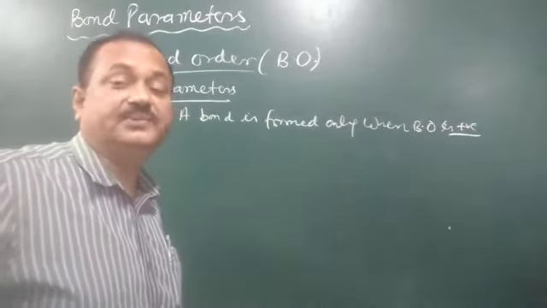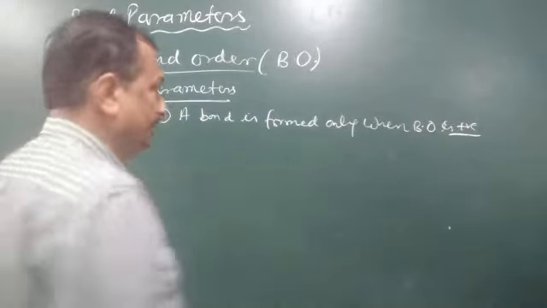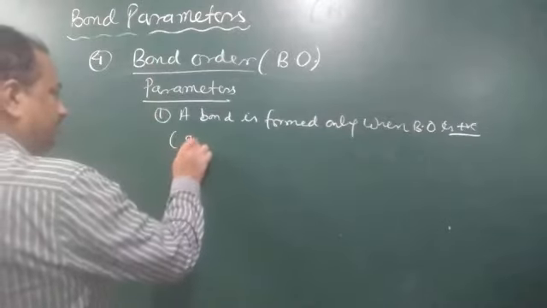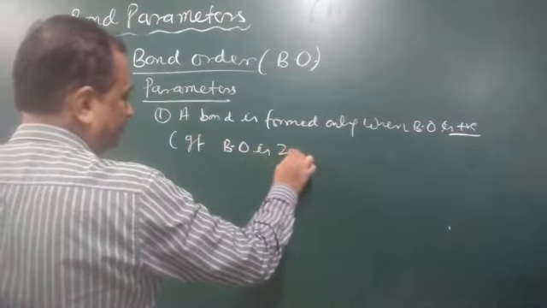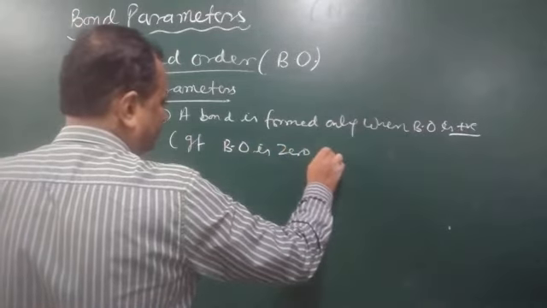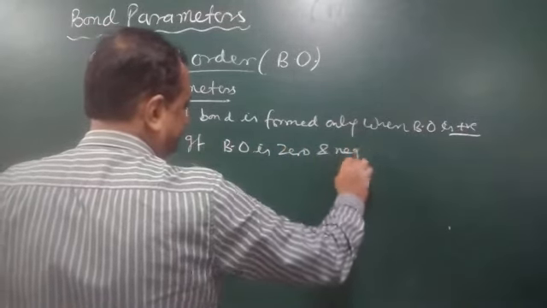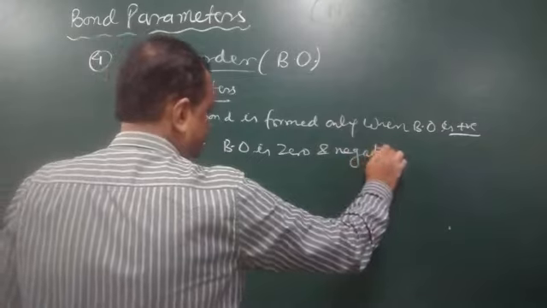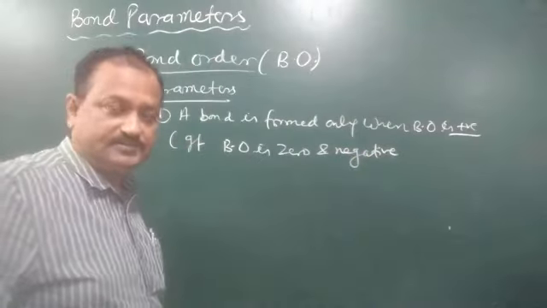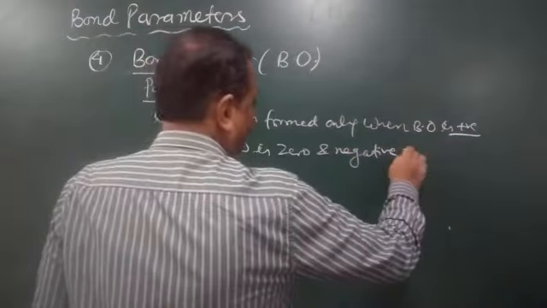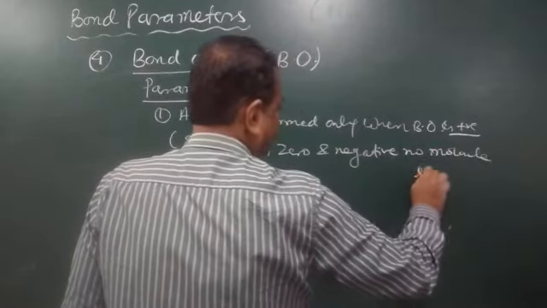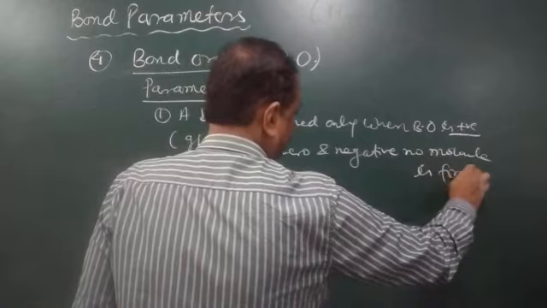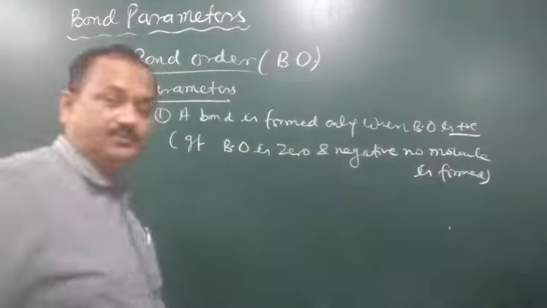Bond order must be positive. Meaning, if bond order is 0 or negative, there can be both values, no molecule is formed. This is one.